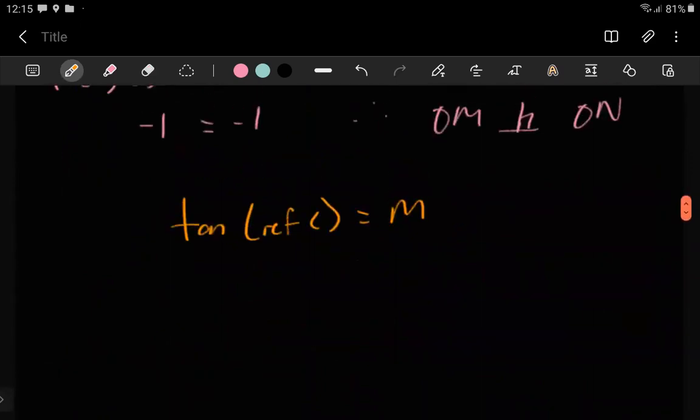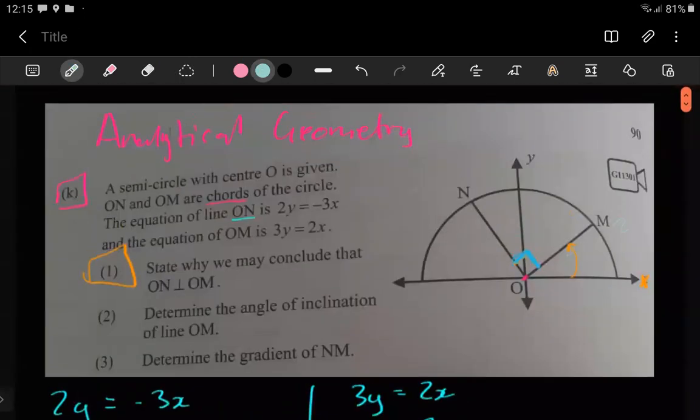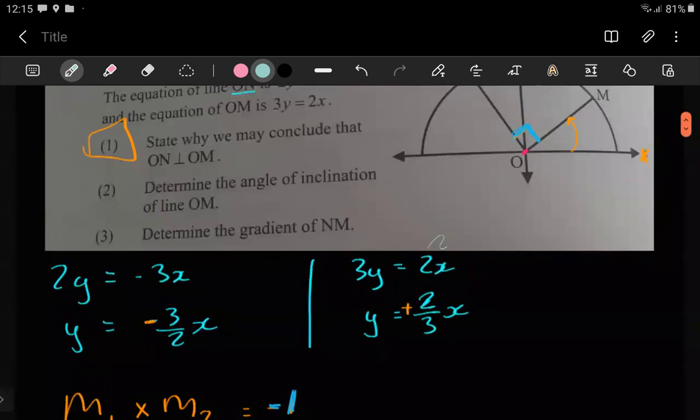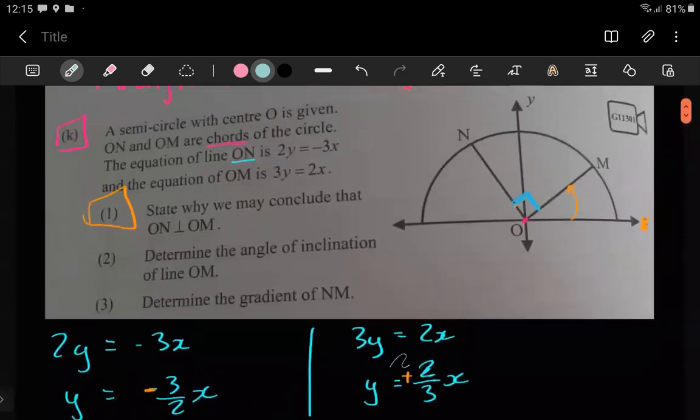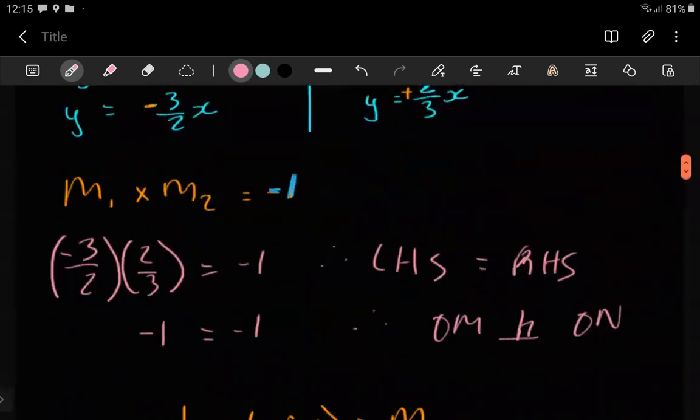So here now, we need our reference angle to work out the angle of inclination. The first thing is the gradient of OM. The line for OM is this side, with the positive gradient. So the gradient is 2/3.